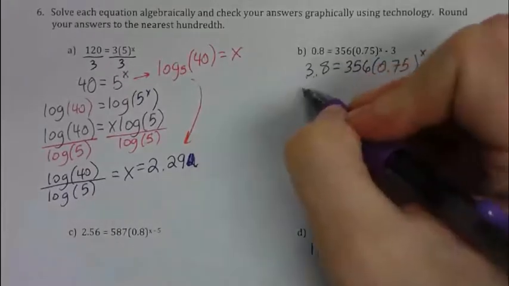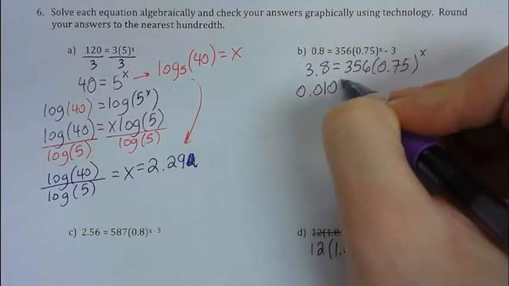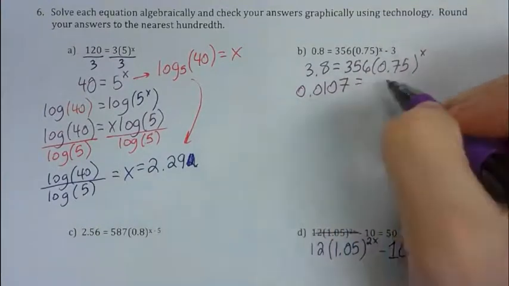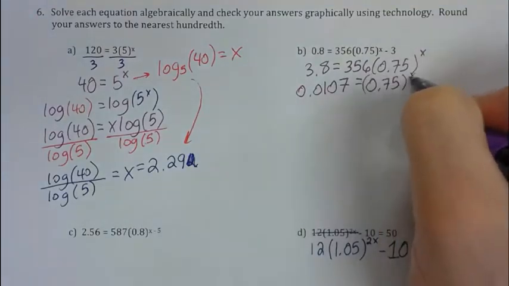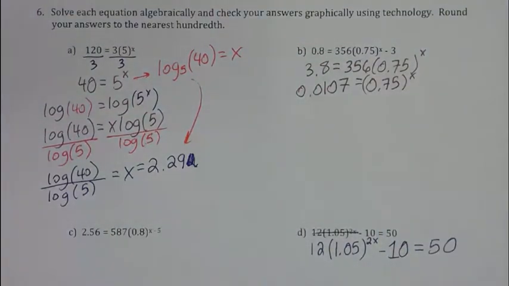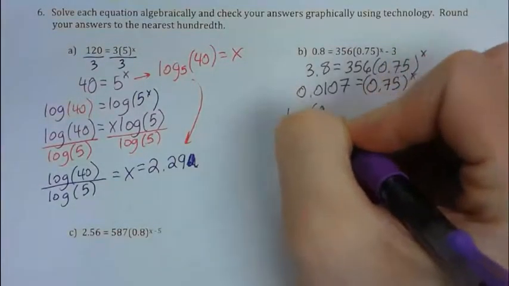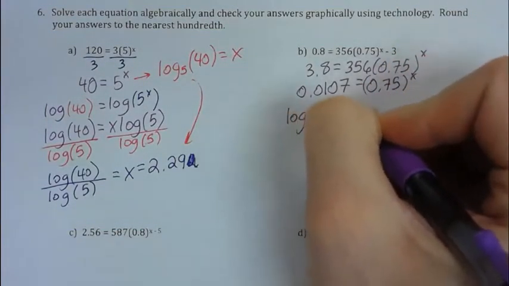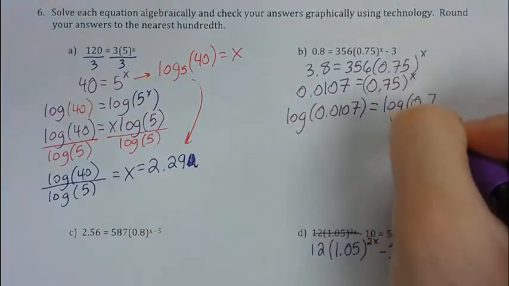That equals 0.0107, and that is equal to 0.75 to the power of x. So I'm going to take the logarithm of both sides and get this result here.